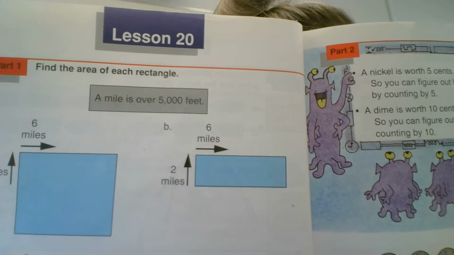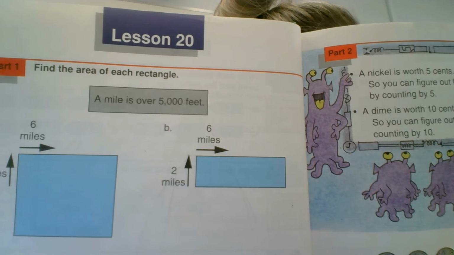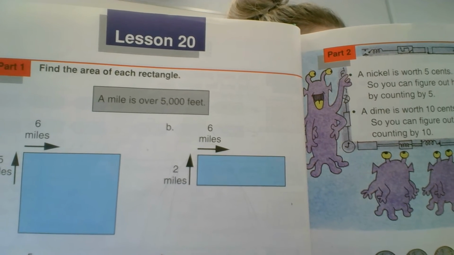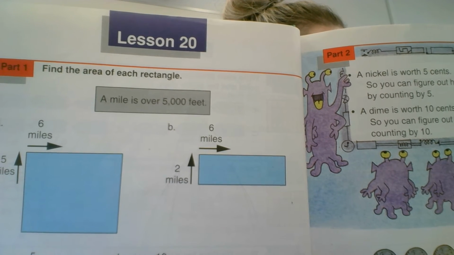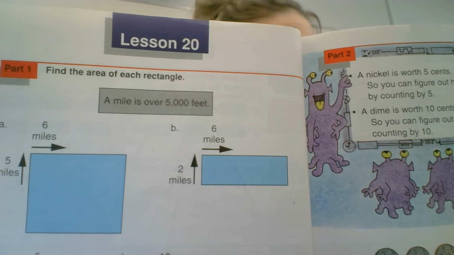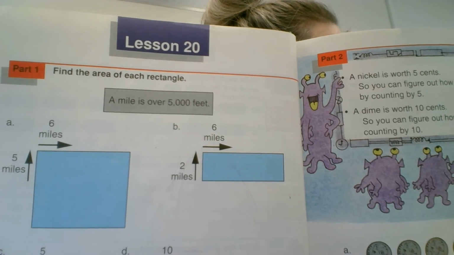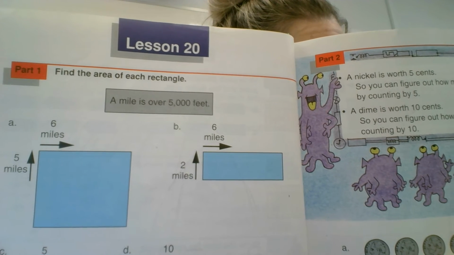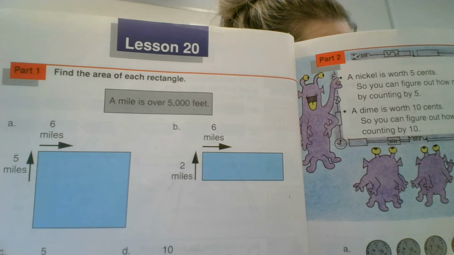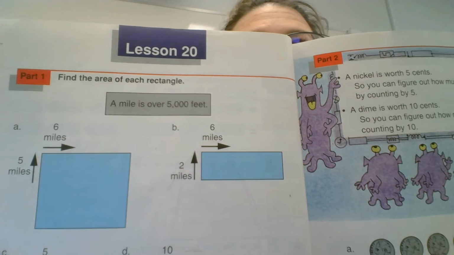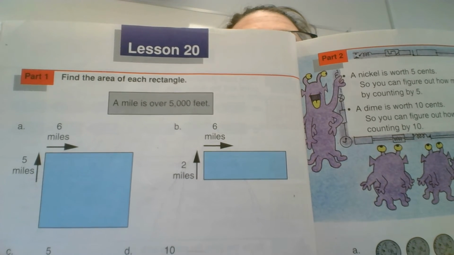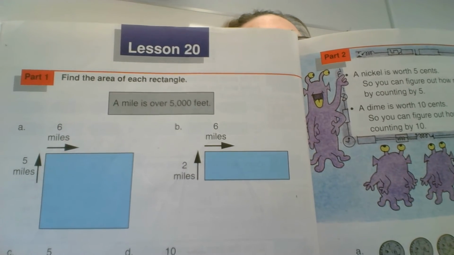If you went to school, I'll name some places that are about a mile from the school. Let's see, if you went from school to some of your houses, you'd go about 1 mile. Okay? Or our school to the gyro place is about 1 mile.